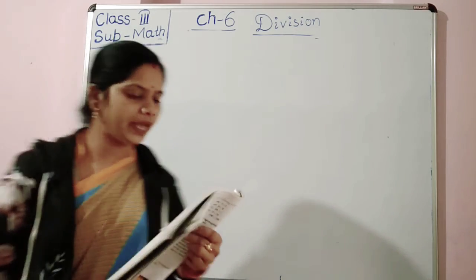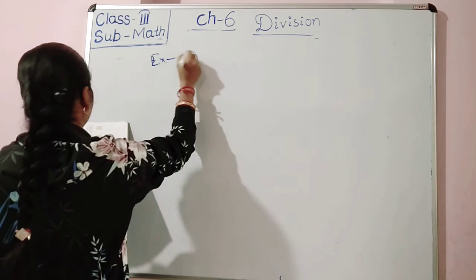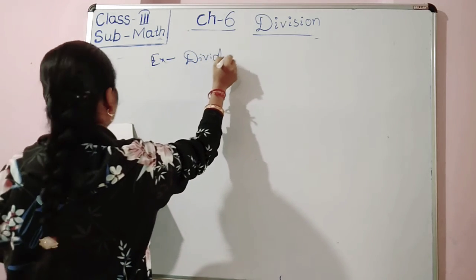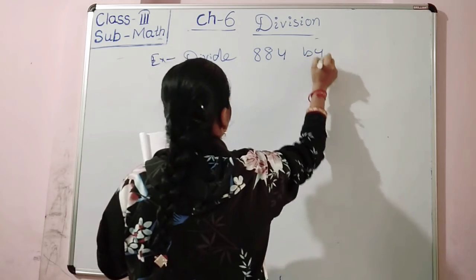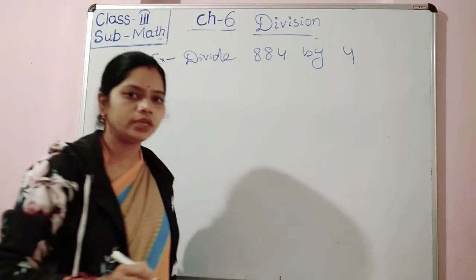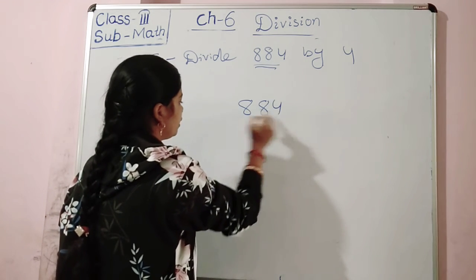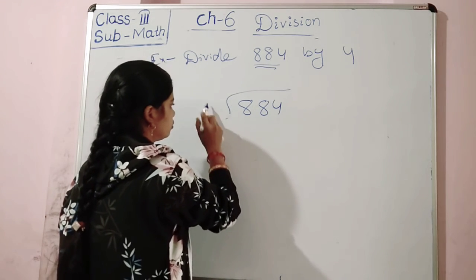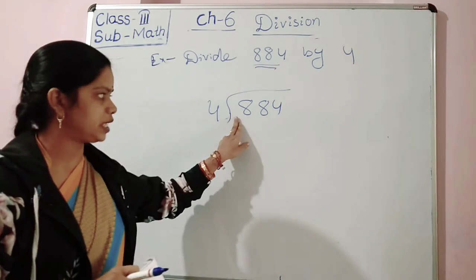Another example: divide 884 by 4. Here the dividend is 884, divided by 4. First we start from the left side, the hundreds place.